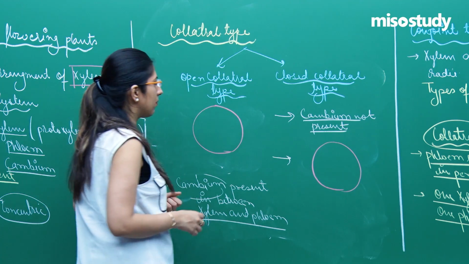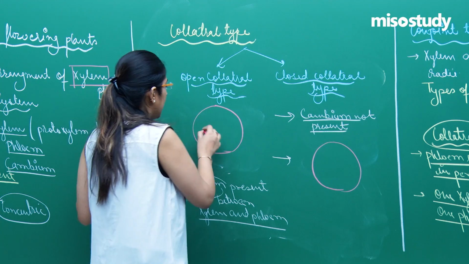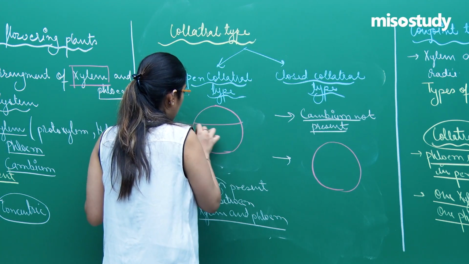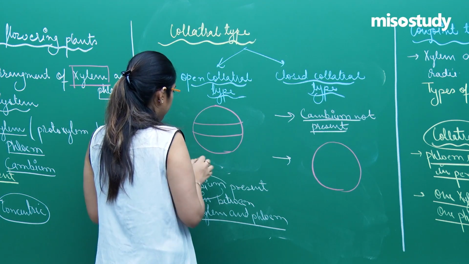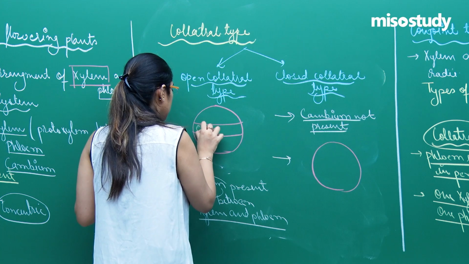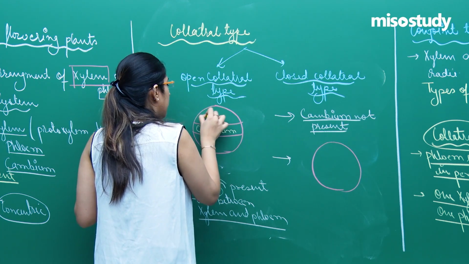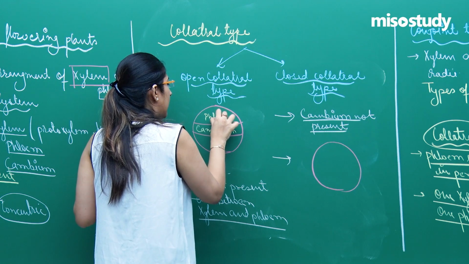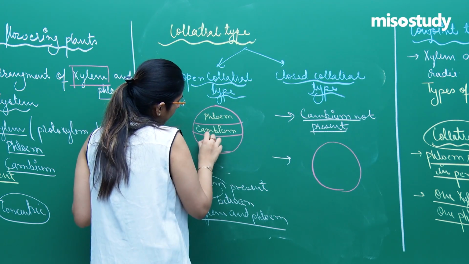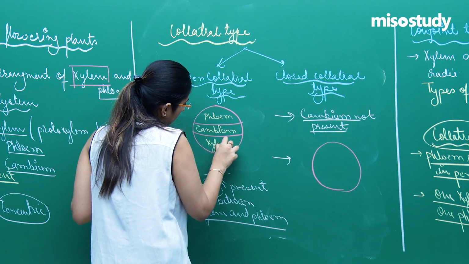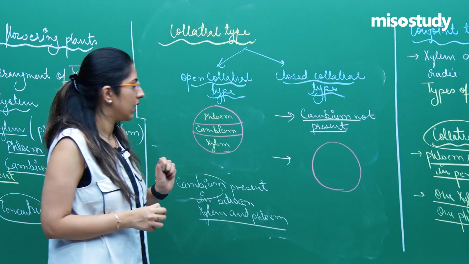So in the open type they have a cambium. In the centermost region, we have the cambium. Above we have phloem, that means towards the periphery, and then we have xylem. This is how they are arranged.